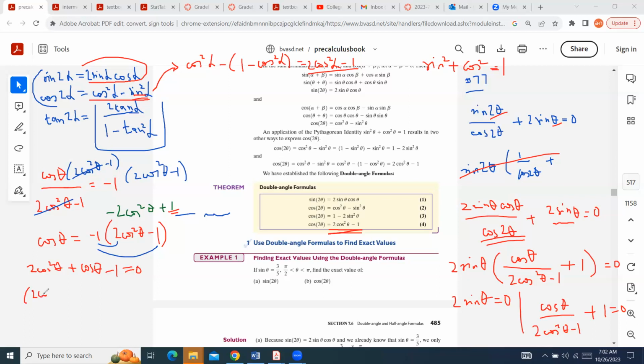So 2 cosine theta times cosine theta. So I factor my first term, which is 2 cosine squared, so cosine times cosine, and factor the last term. So I factor 1 as 1 multiplied by 1, and now one of them should be negative, right? So which one should be negative?